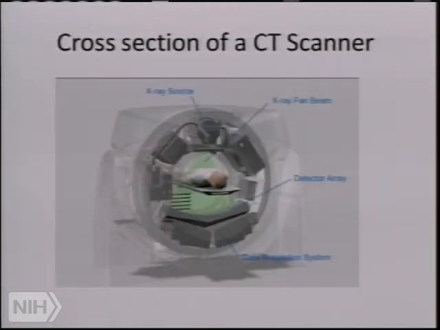So if you break down the anatomy of a CT scanner, you have this very high speed X-ray source, or cathode ray tube, that revolves around the patient at very high speeds, many times a second actually, a detector array on the opposite side of the X-ray source, and the production of a fan beam of X-rays that enable the patient to be scanned.